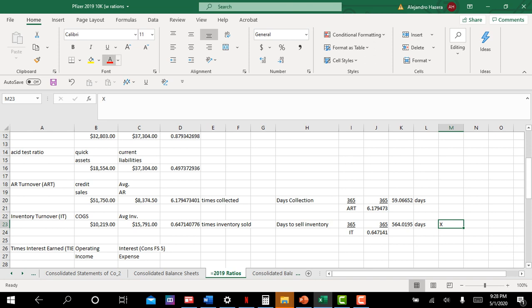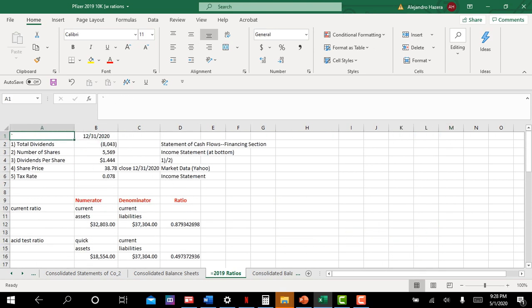I want to put this in bold. As a class, we'll take a look at this, and I'm sure we'll be changing it from what's on this video. But anyway, that gives you an idea of how these liquidity ratios work.